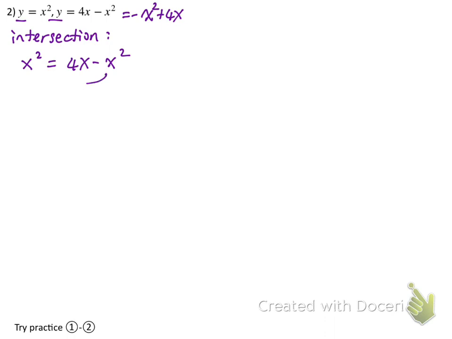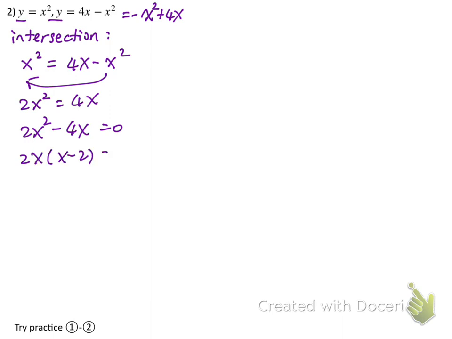So I move this x squared to this side. I have 2x squared equals 4x. So 2x squared minus 4x equals 0, 2x times x minus 2 equals 0. So I have 2x equals 0 and x minus 2 equals 0. That's 0 and that's 2.